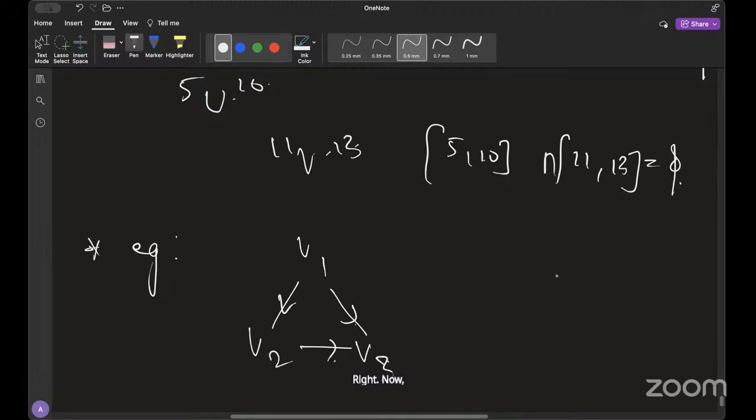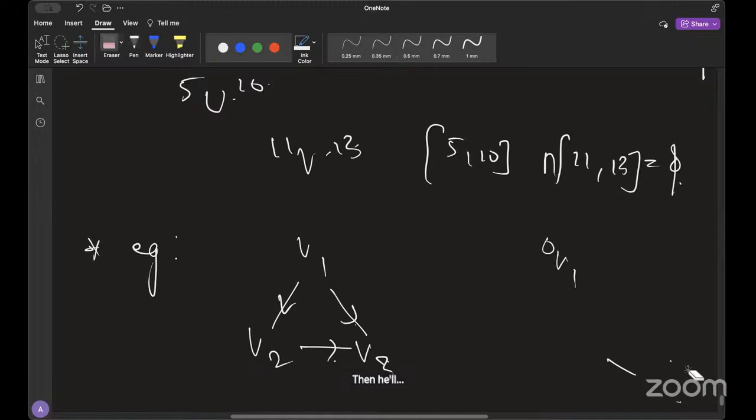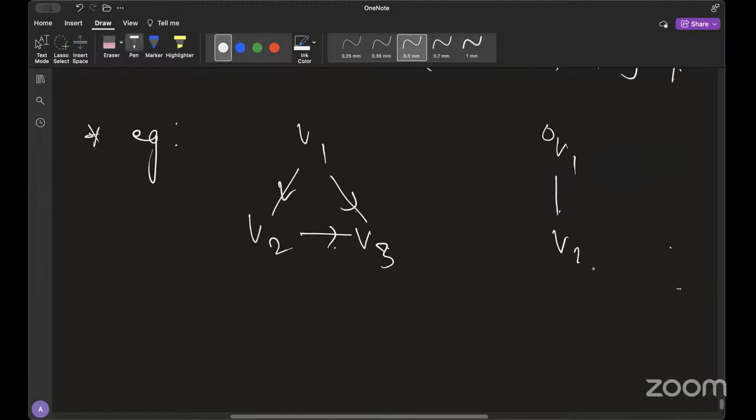Now, if you make the tree of this, it will be V1, starting from V1, 0 counter, then at V2, you'll have 1 pre-number, then at V3, you'll have 2 pre-number, then you will end the pre-number, the post number here will be 3, then here, one, 2, 3, 4, 5, right?